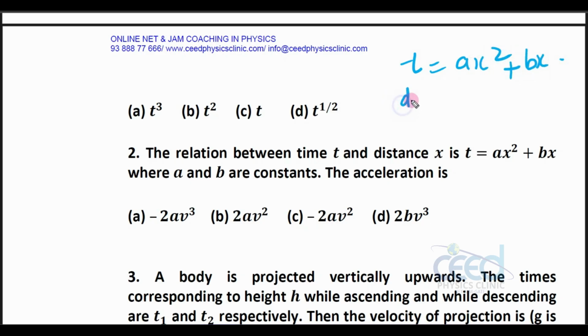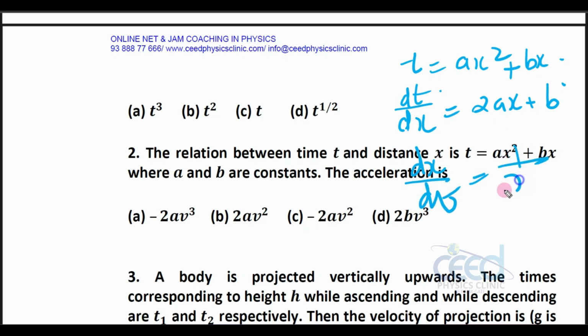Now differentiating both sides, dt by dx is equal to 2ax plus b, with respect to x. Then what is dx by dt? That is 1 by 2ax plus b.